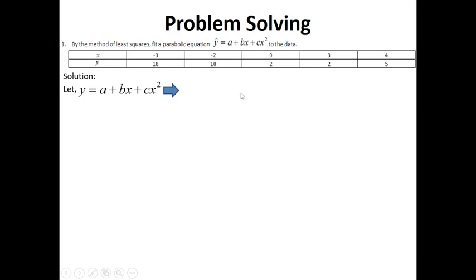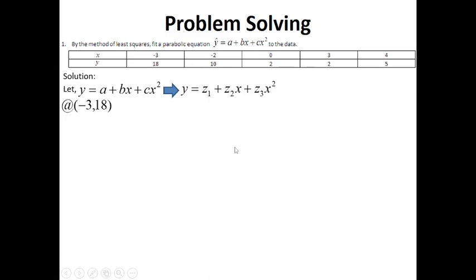And then this will now be expressed in terms of the parameters z sub 1, z sub 2, and z sub 3. So a is equals to z sub 1, b is equal to z sub 2, c is equals to z sub 3.